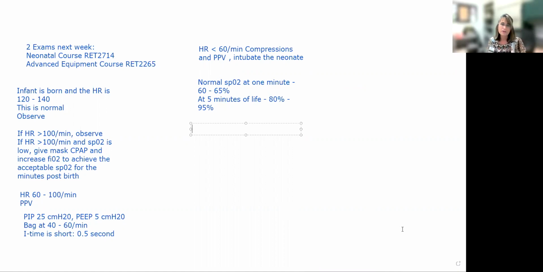During the canalicular stage, that 17 to 26 weeks, there is surfactant being made in the type 2 cells, but the surfactant isn't mature enough yet. So that's why typically when babies are born that prematurely, we end up having to give them some exogenous surfactant. Moms are given steroids.